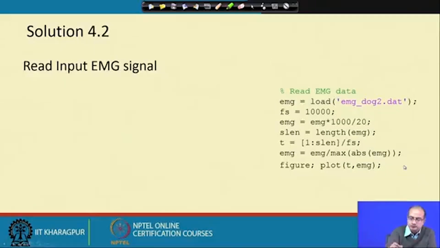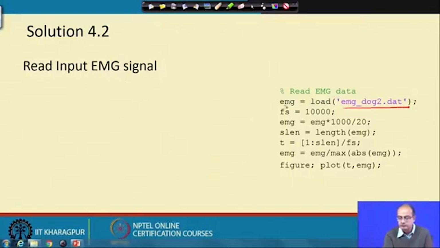So what we are doing is reading the signal, which is taken as 10 kilohertz, and we are taking its length to find the time index, doing some normalization of it, and plotting it.